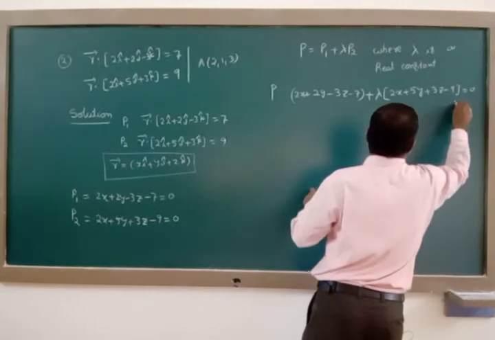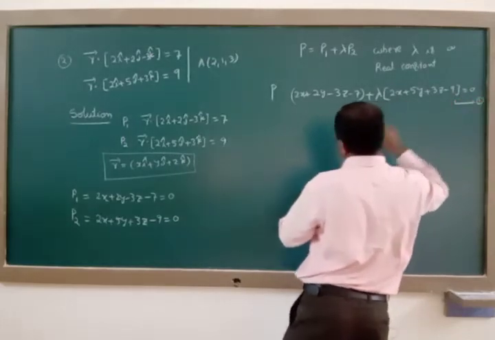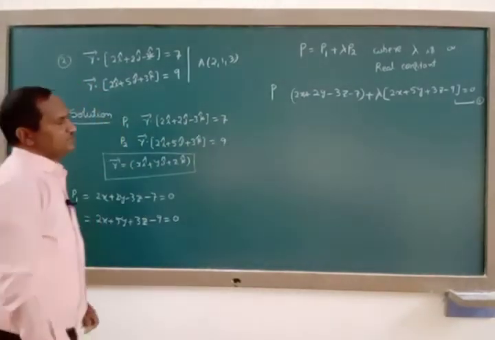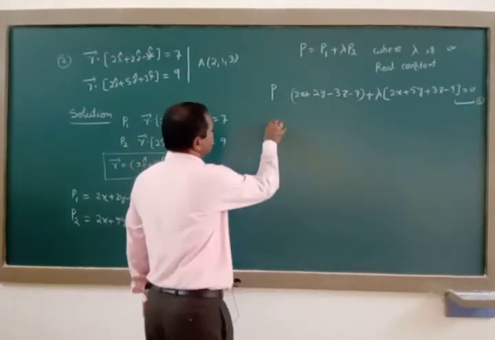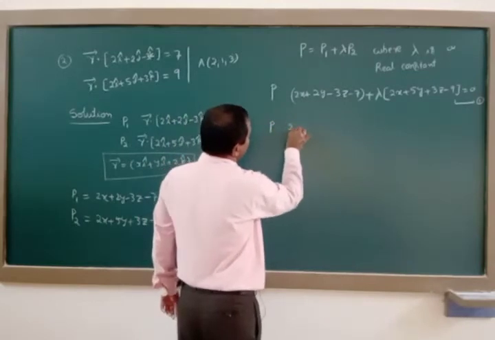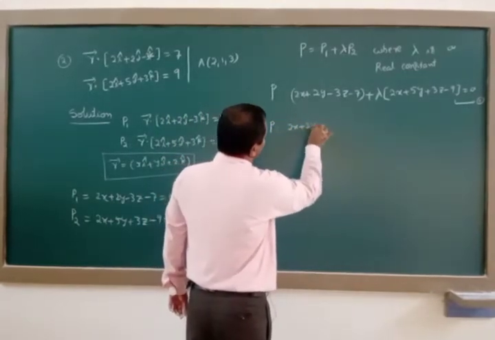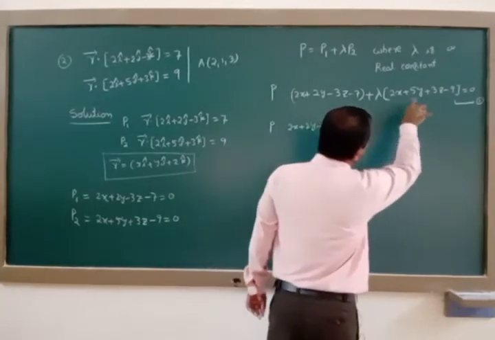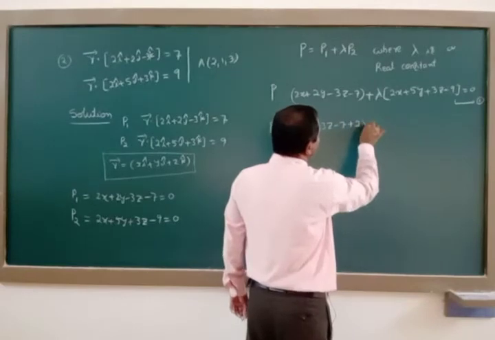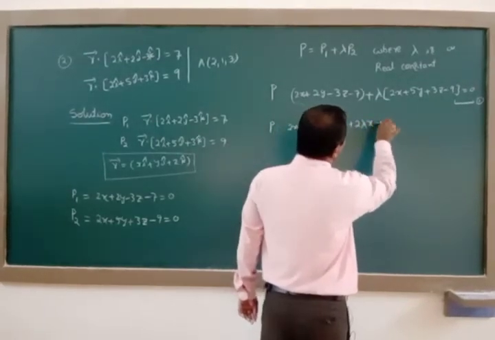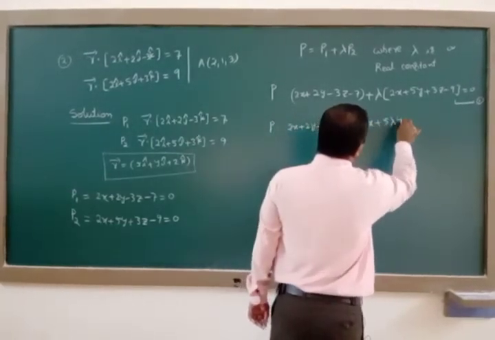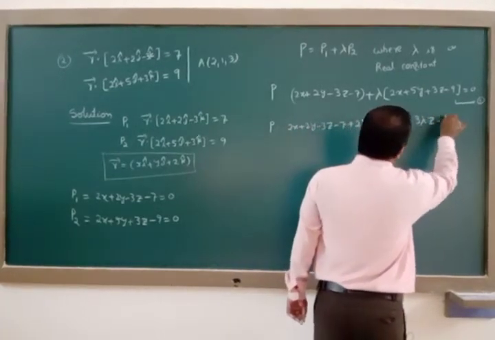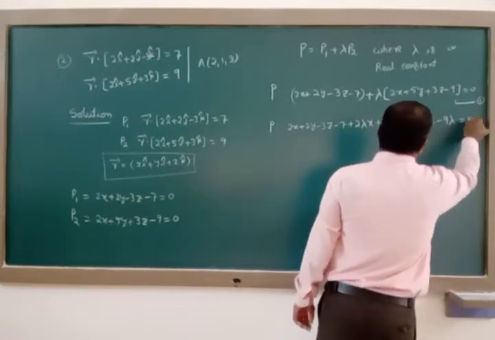Represent this as equation number 1, and afterwards separate the x terms, y terms and z terms. P says 2x plus 2y minus 3z minus 7 plus, multiplying all the terms by lambda, we get 2 lambda x plus 5 lambda y plus 3 lambda z minus 9 lambda is equal to 0.